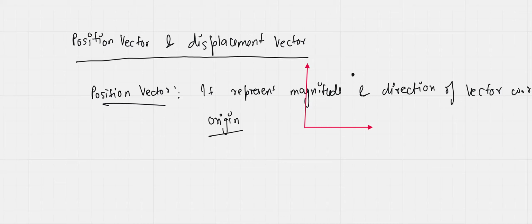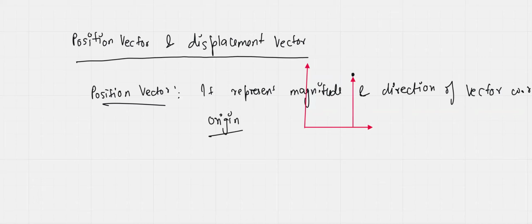Assume my origin is this, so you can see my direction has changed. This is my reference point. So when I say position vector, I'll be representing a vector with the origin as reference, because if I change my reference, my direction is going to change.